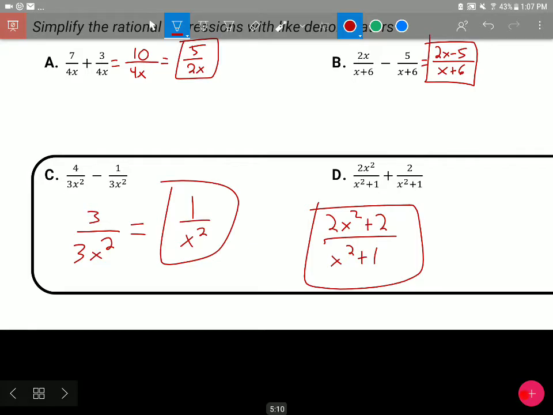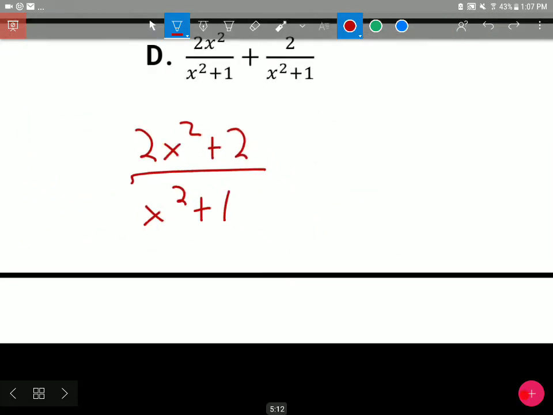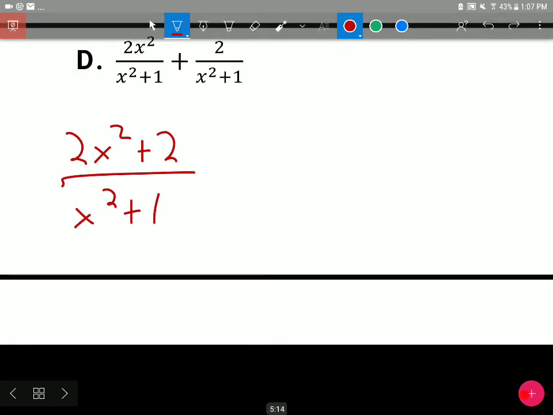We can actually take this one step further. Can I factor this top piece? Yep. What can you divide out? A 2. If I divide the first one by 2, what are you left with? X squared.